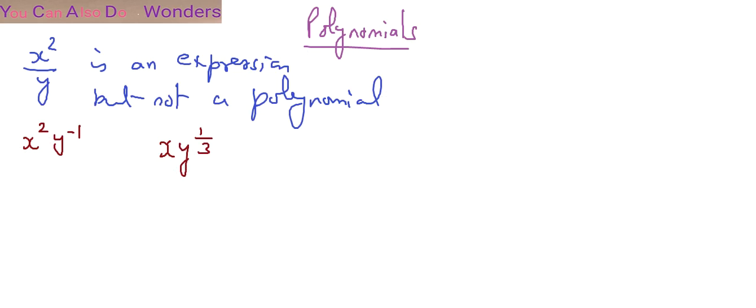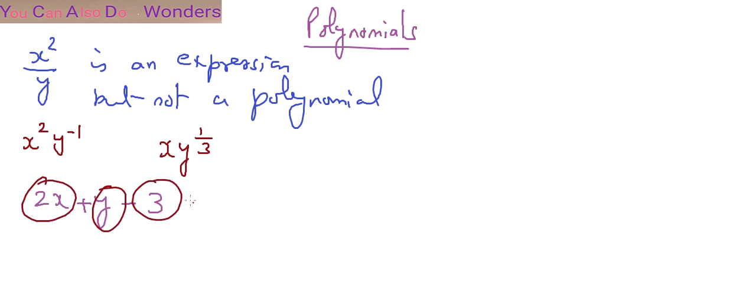And a polynomial can have one or more terms, and terms are separated by plus or minus. For example, 2x plus y minus 3. So this is a polynomial with 3 terms. Okay, 2x, this is one term, y is another term, and minus 3 is a third term.